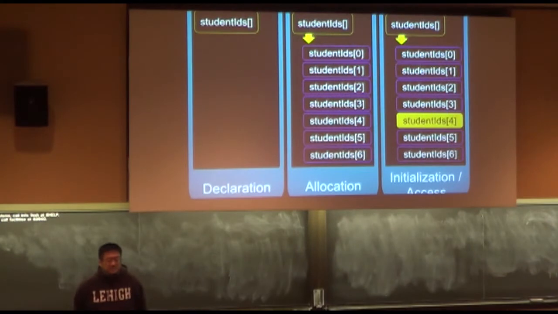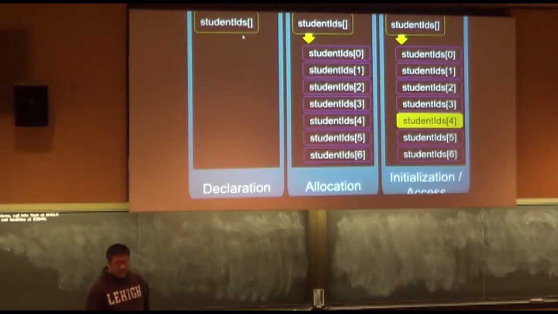Okay, so here are the 3 steps. Declaration gives me simply a name to refer to a list of variables. It does not create the list of variables. It only gives me the name. Allocation allocates space in memory for that list of variables. So that's what actually creates the list of variables.